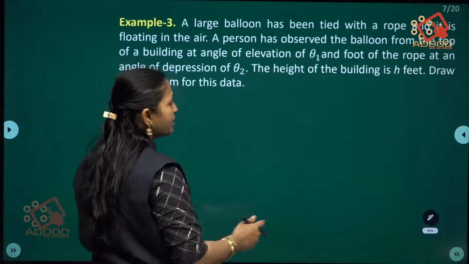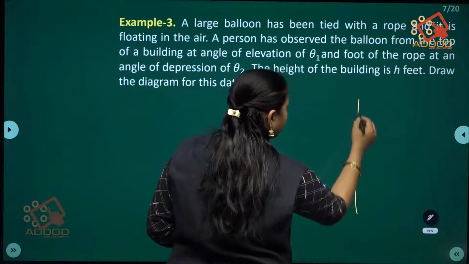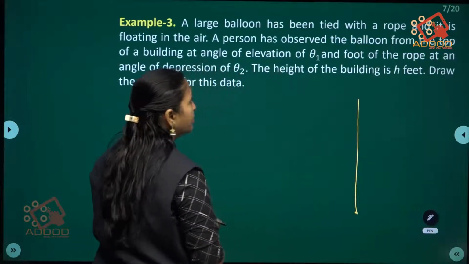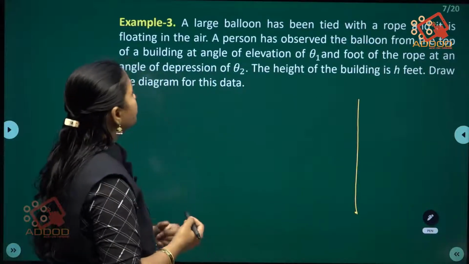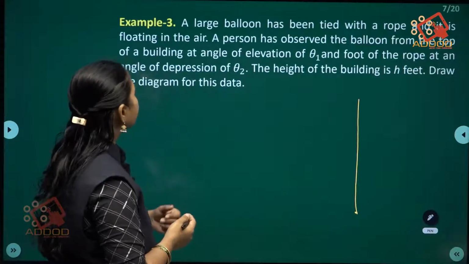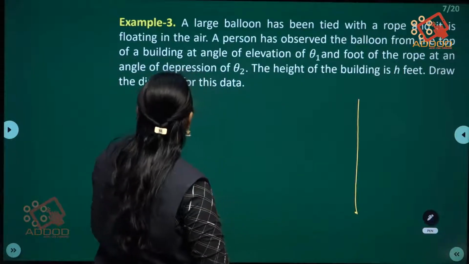Here one balloon is floating. Let's take it is a balloon. This is the bottom of the balloon and this is the top of the balloon. A large balloon has been tied with a rope and it is floating in the air. A person has observed the balloon from the top of the building.